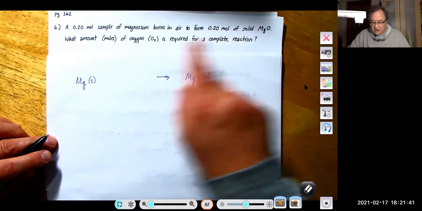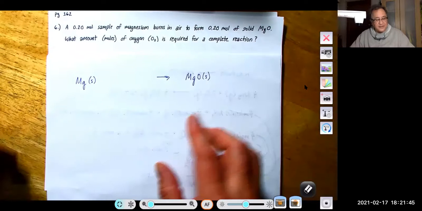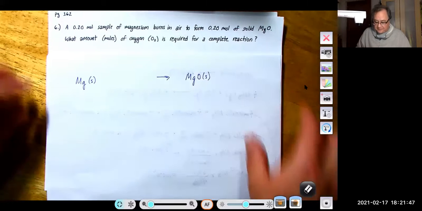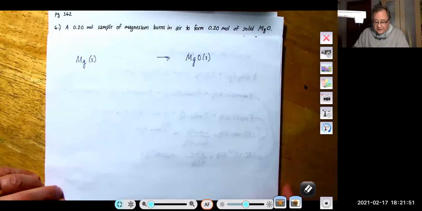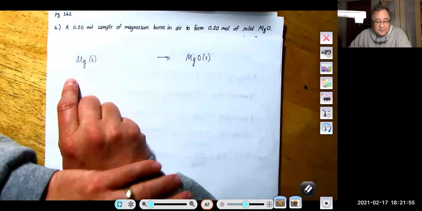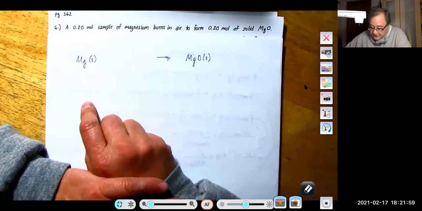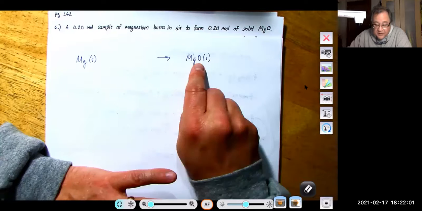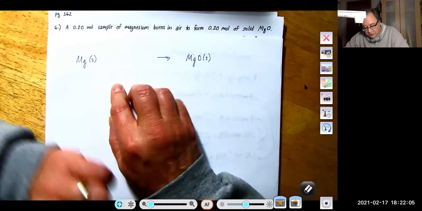What amount of oxygen is required for the complete reaction? Now, let's pretend that we did not see that part. If we only had this to begin with, what do we think Mg has to be reacting with to make MgO? Since there's oxygen there, whatever it's reacting with, it better have oxygen. So here are our two choices.